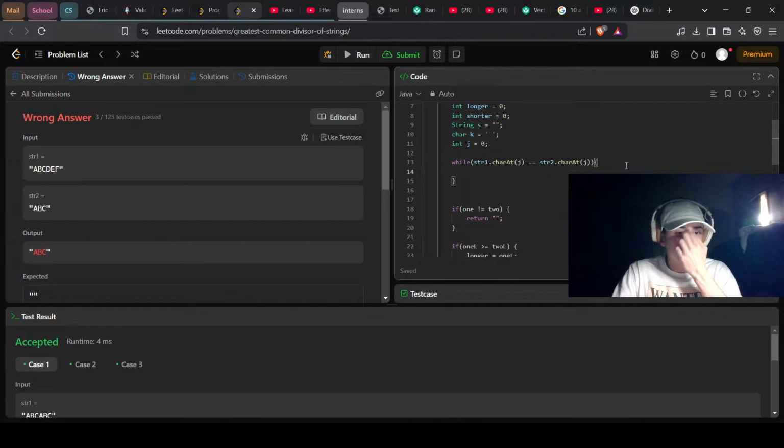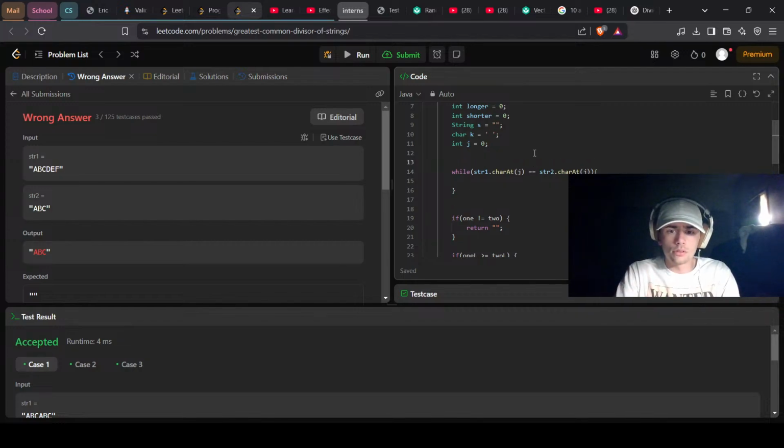But what if they're not the same length? Or what if I did a while loop?